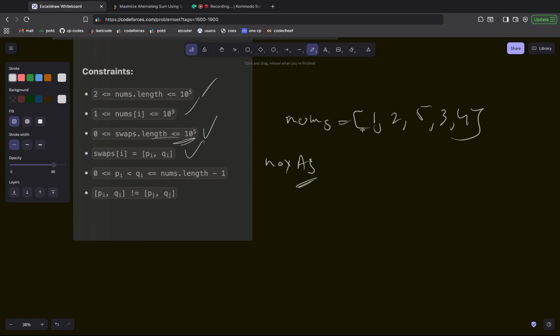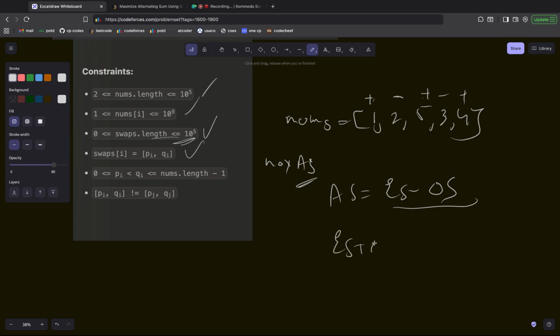What you will say is that for even indexes I get plus. So this is like plus minus plus minus plus. So can I say my alternating sum is like my even sum minus odd sum? Right, that's true. Here the even sum would be 1 plus 5 plus 4, and odd sum would be 2 plus 3.